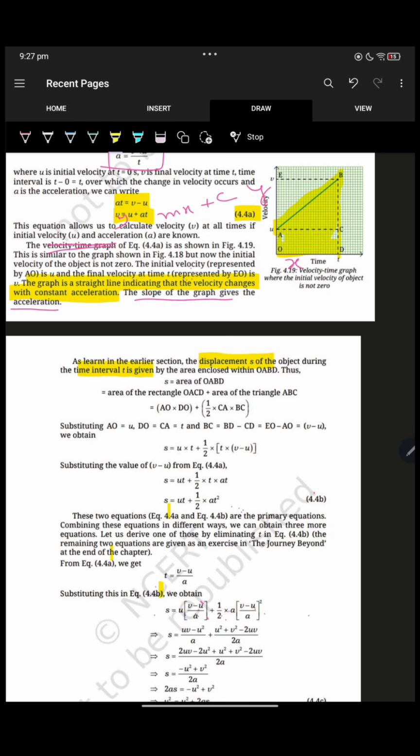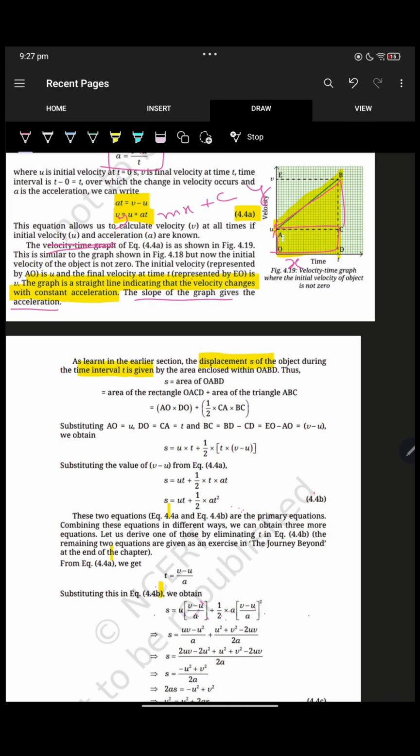If we see minutely the diagram over here, it is formed of one rectangle and one triangle. If we find the area of the rectangle and the area of the triangle separately and add them, we will get the displacement s of the object during the time interval t.